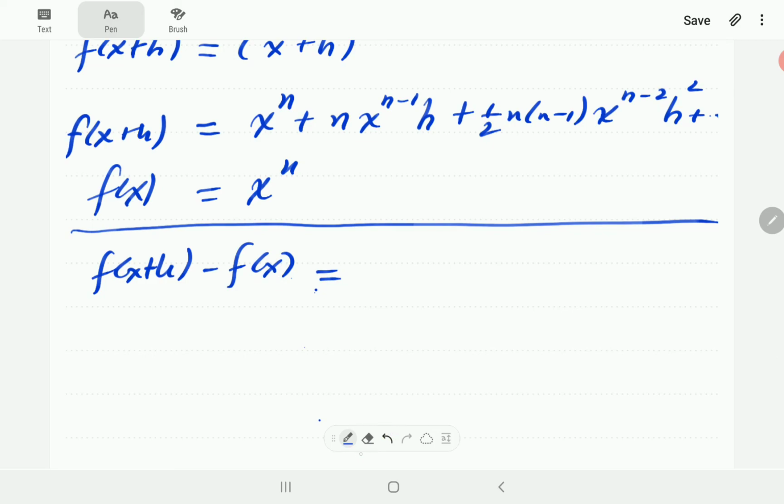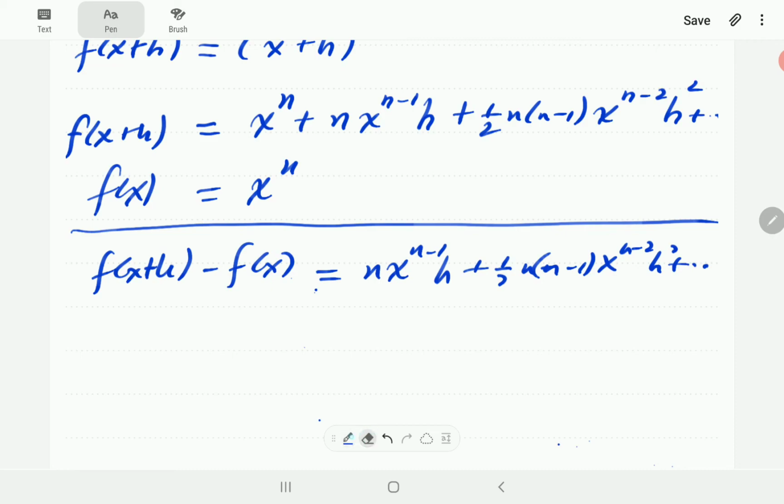If we do corresponding terms, this term minus this term will be 0. So this is just going to be these terms here: n x to the power n minus 1 times h plus 1/2 n into n minus 1 x to the power n minus 2 times h squared.